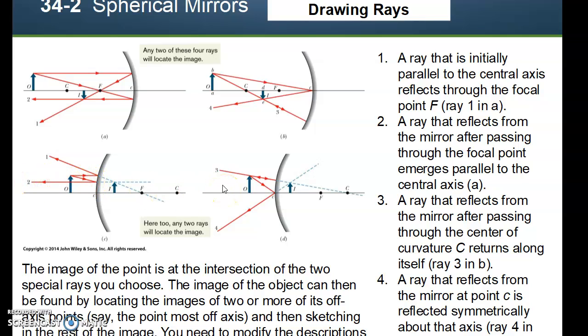On this one right here, you've got 3 that appears to be coming from that point right there, and essentially 4 goes here out to here, right? So anyway, there's interesting geometry for locating images by drawing rays on these different ones.